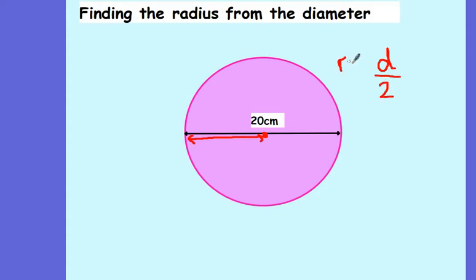My radius is my diameter divided by 2, or if I was given the radius and I wanted to find out what the diameter is, I'd need to do diameter is 2 times my radius. So for this example, my diameter is 20, so my radius would be 10. My radius is 10, so my diameter is twice that, which is 20.